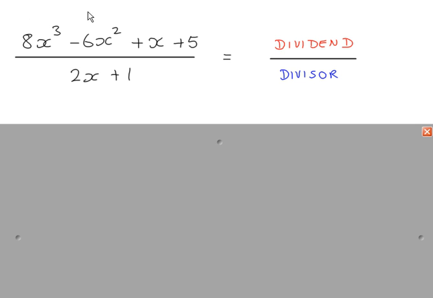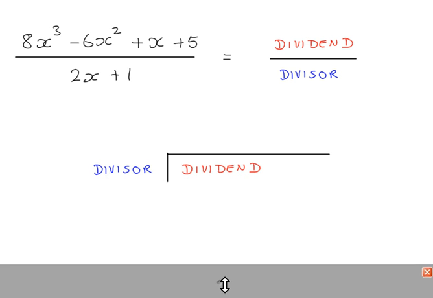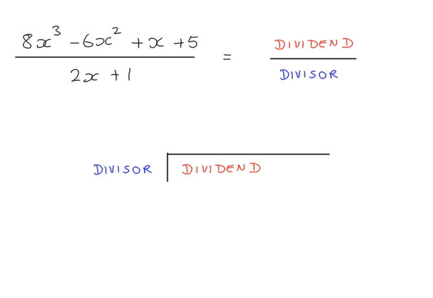Now the numerator here is called the dividend, and we're dividing by what we call the divisor, like this. Up here we have the quotient, down here we have the remainder. A useful form to write all of this in is like this.